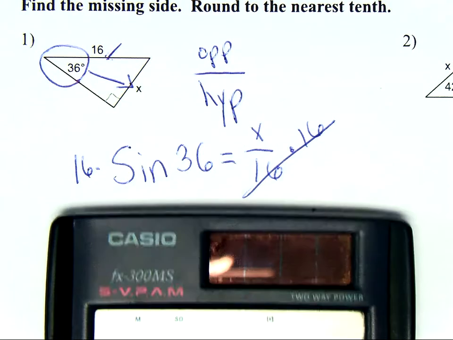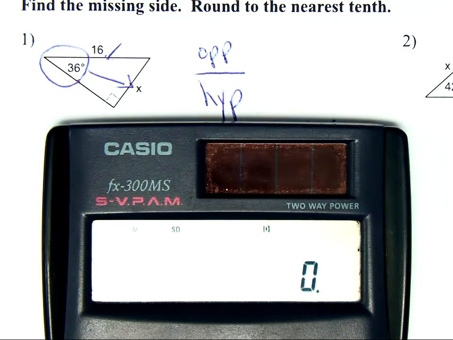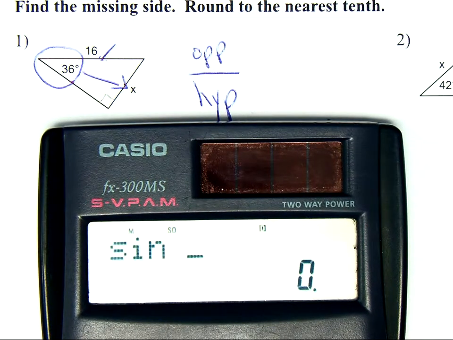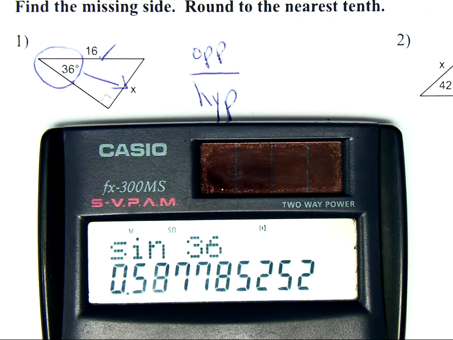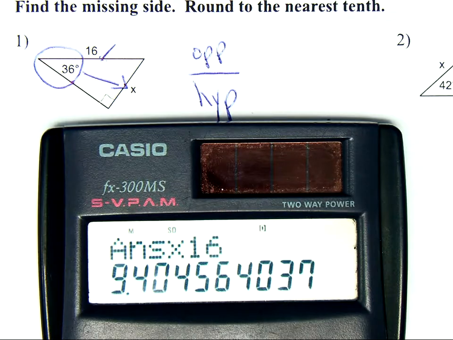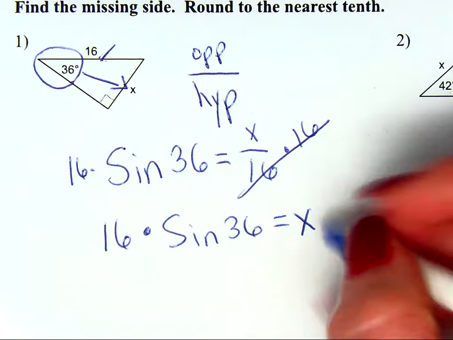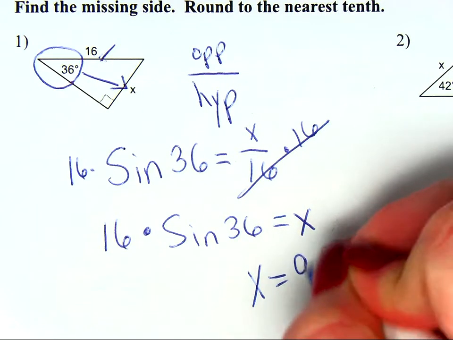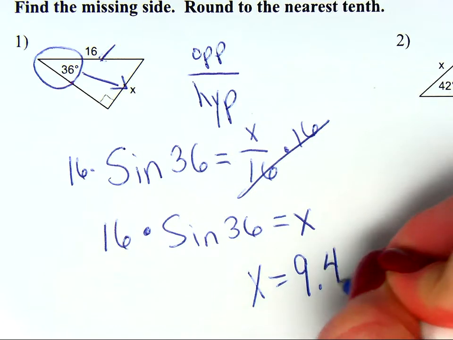I have to make sure that my calculator is on degrees. I type in the sine of 36, I get a decimal, and then I multiply it by 16, and my answer is 9.4. So X is equal to 9.4.